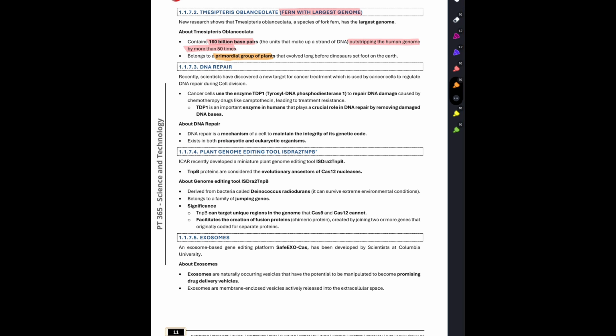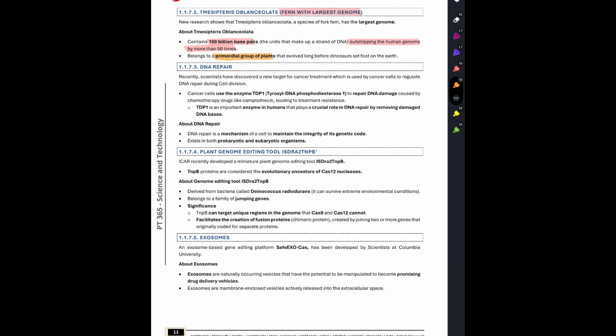Recently, scientists have discovered a new target for cancer treatment, which is used by cancer cells to regulate DNA repair during cell division. So, this is targeting the DNA repair of the cancer cells during cell division.